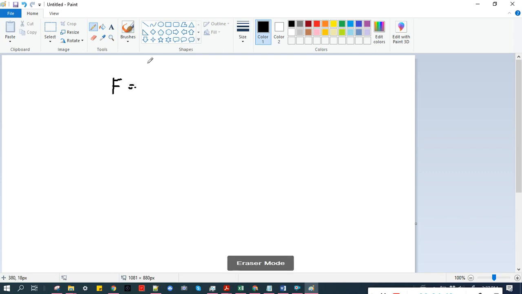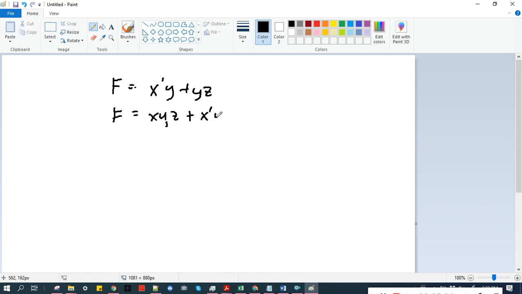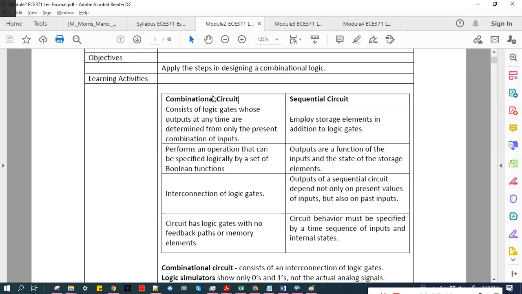For example, f equals x prime y plus y z, is equal to x y z plus x prime y prime. These are examples of Boolean functions, and this represents combinational circuits.